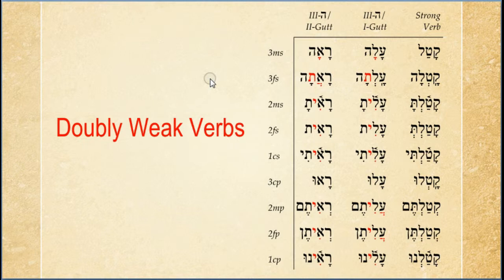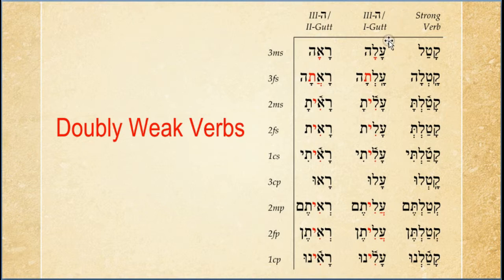So then the hey drops out, and you have the hirik yod. The hirik yod follows all the way through the rest of the paradigm. So you can see that where the doubly weak part plays out is in that third person feminine singular. That's where the double changes actually happen in this verb.